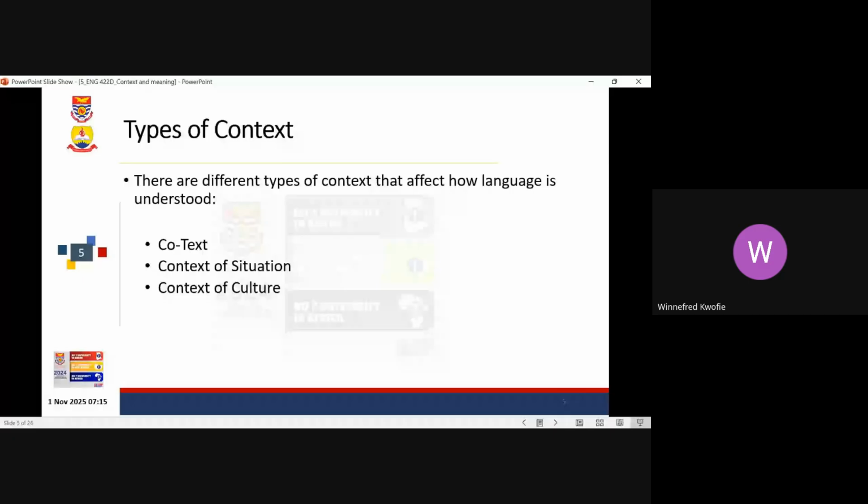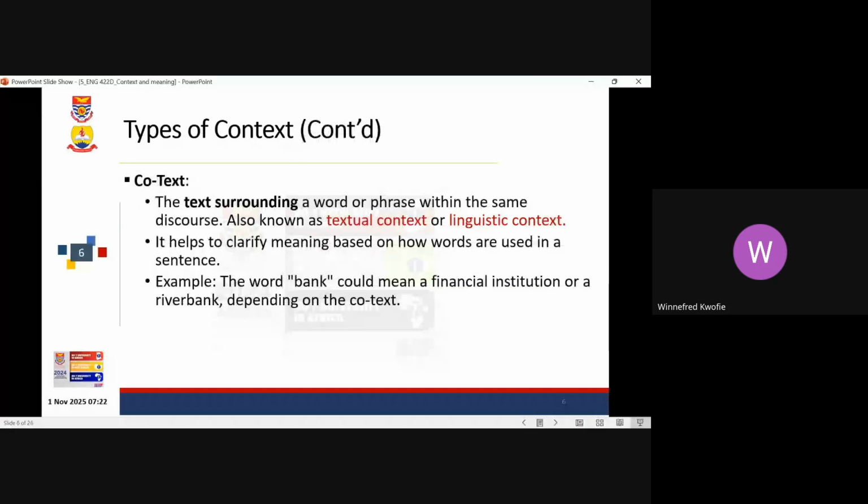Okay, so let's look at co-text as a type of context. The co-text will refer to the surrounding words.